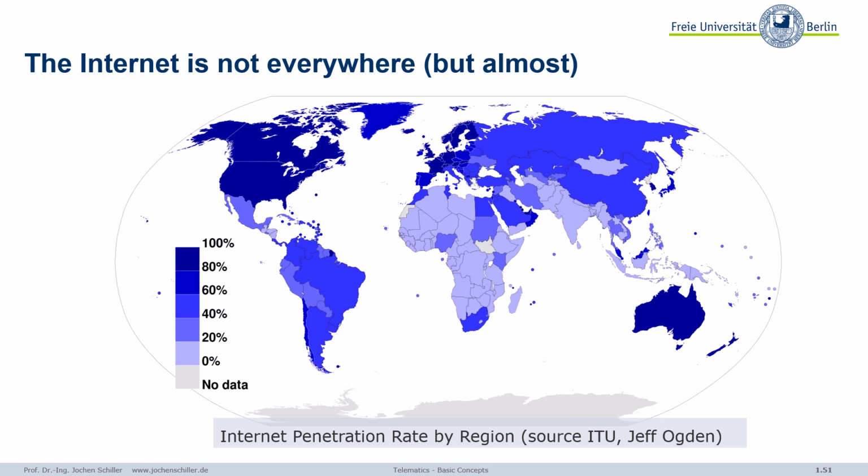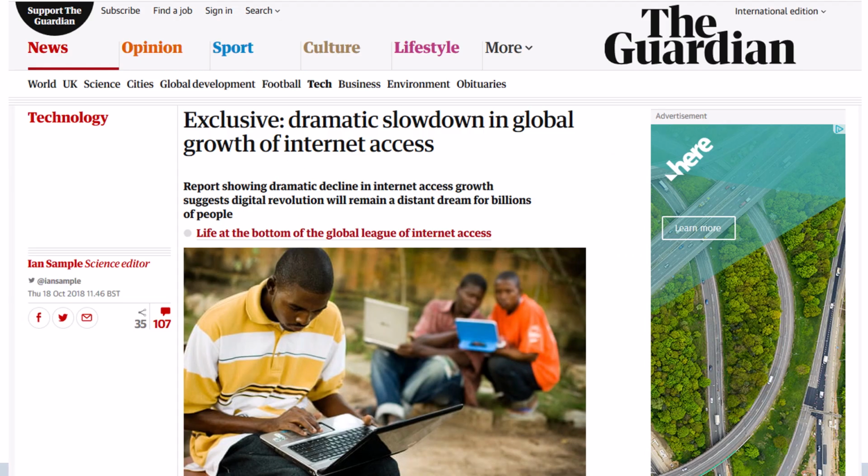For some countries, you have basically kind of single servers controlling what's coming into the country, what's going out, etc. So it's not fully available at full speed everywhere. And there are even articles showing that there is a slowdown in global growth of internet access. So when we talk about the internet, please be aware it's not available everywhere with all the services at high speed.